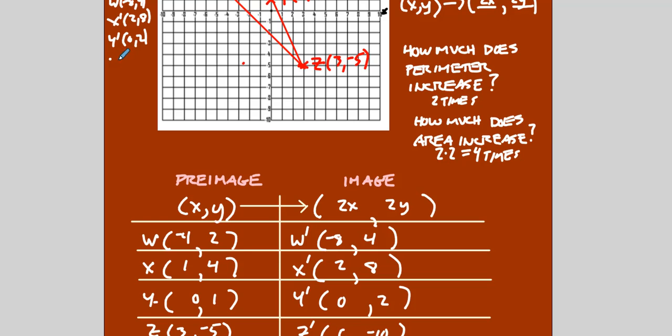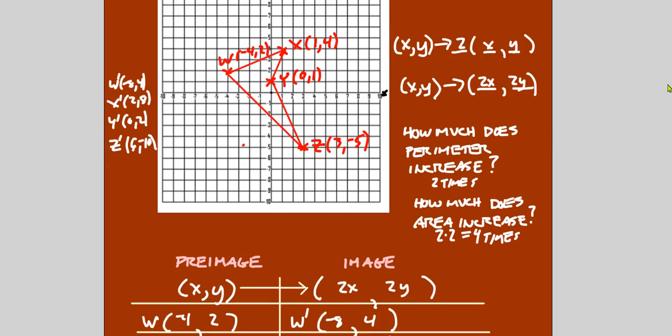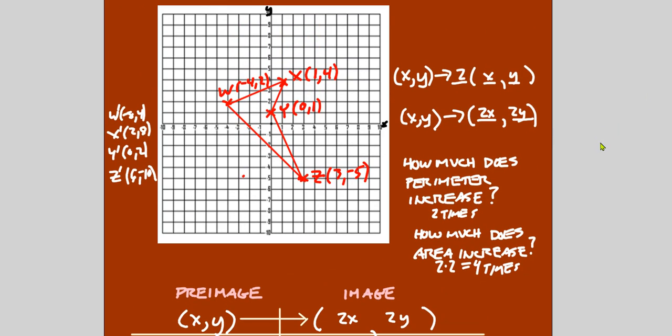And Z prime is 6, negative 10. Now go back up and put W prime, X prime, Y prime, and Z prime onto the graph, then connect the points. Stop the video, do that, and when you're done, check to see if you agree with what I got.